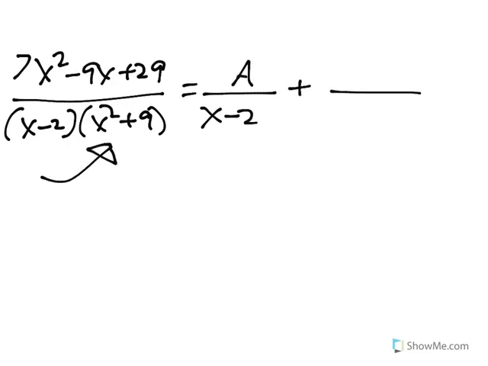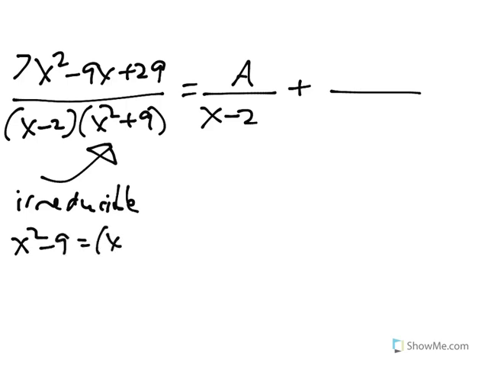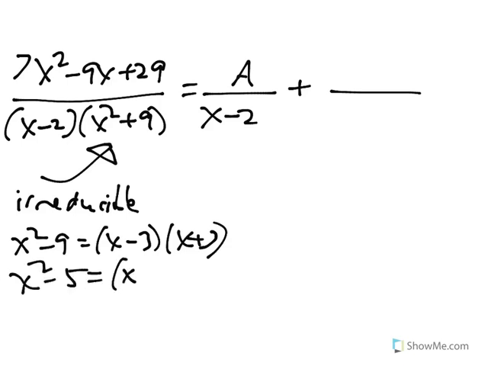Now the thing about this term here is that it is known as an irreducible quadratic, meaning that not only can it not factor the way x squared minus 9 could be factored into x minus 3, x plus 3, and not even like x squared minus 5, which, though it doesn't factor nicely, could be at least solved with the quadratic formula or other methods. But this x squared plus 9 has imaginary roots, so we call that an irreducible quadratic.